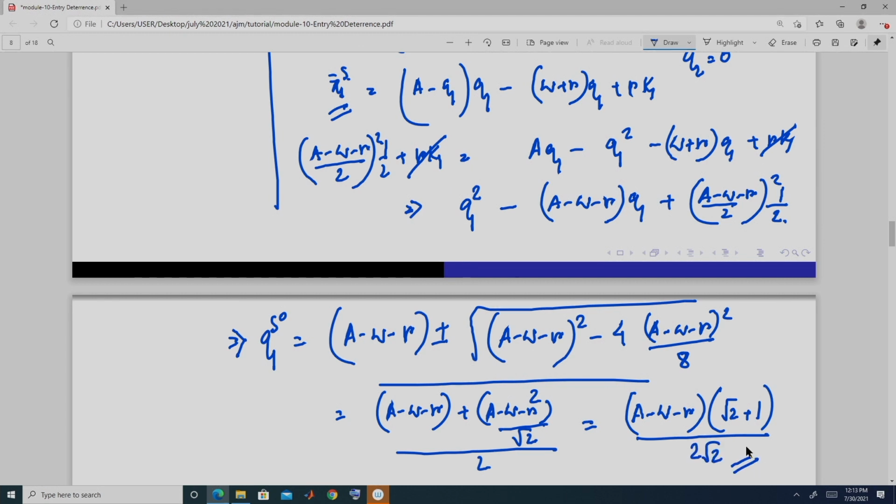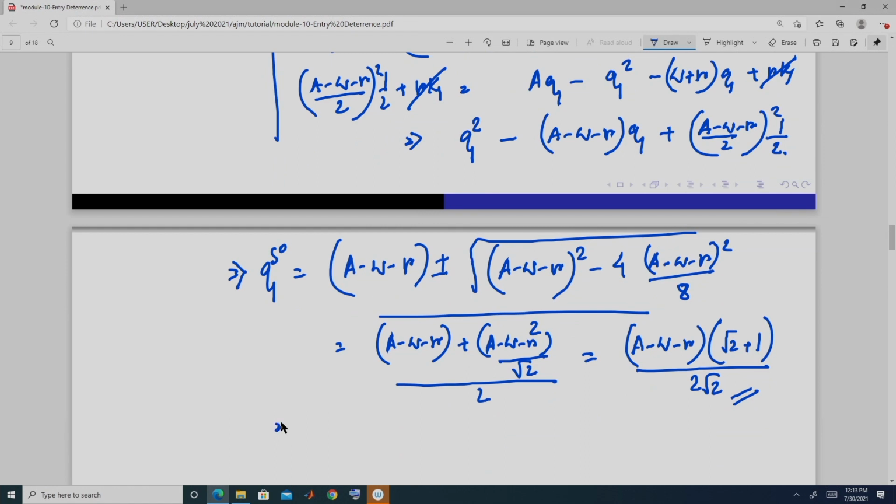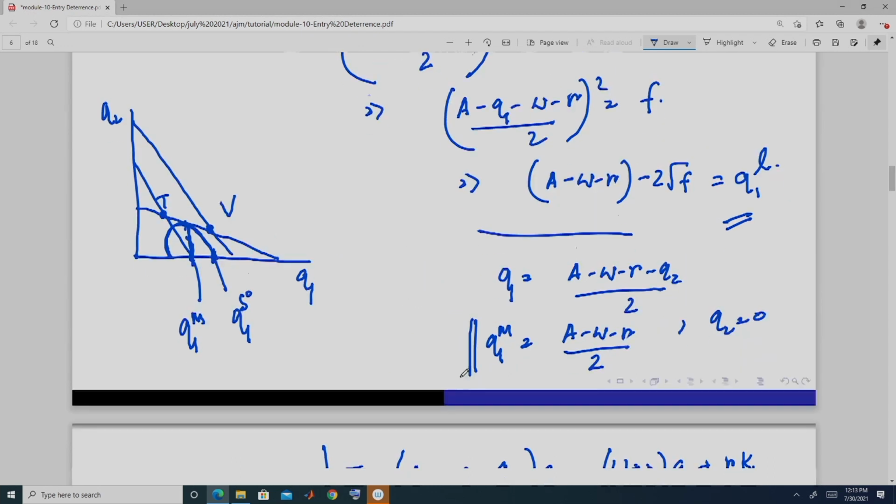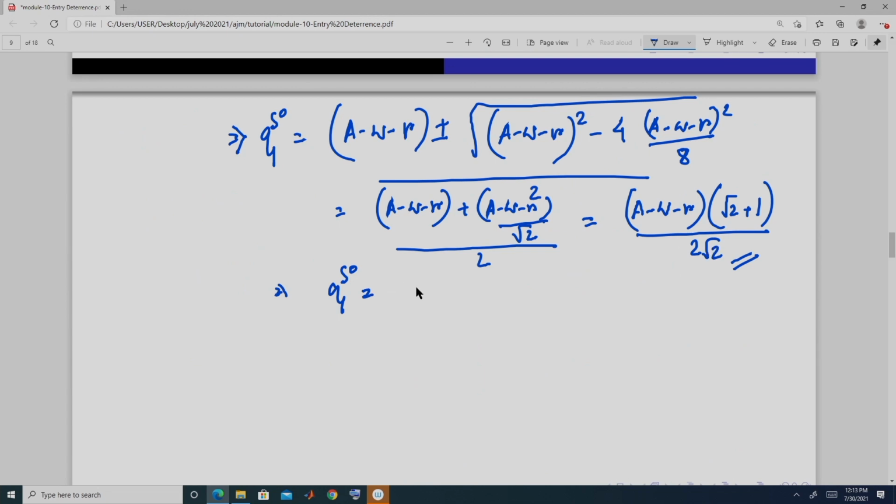This is the Q1 naught, this output is this. This.